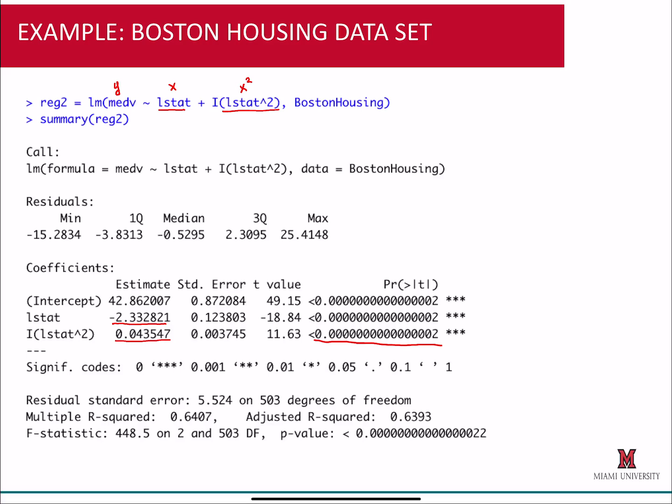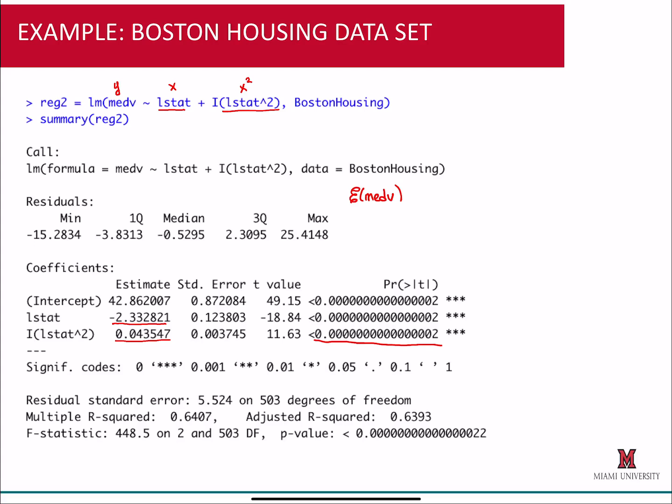So when we talk about the effect, just reminding you again what it means. It means what is the change in the expected value of y produced by a change in x. Okay, so in other words, how does the expected value of the median value of the homes change when we increase the lower status of the population, the percentage, by 1?